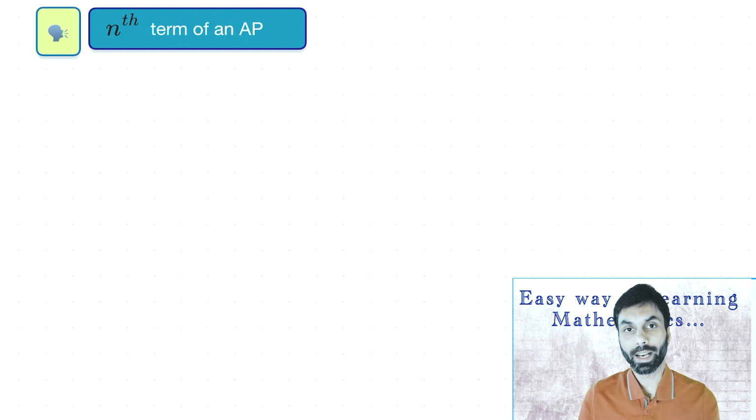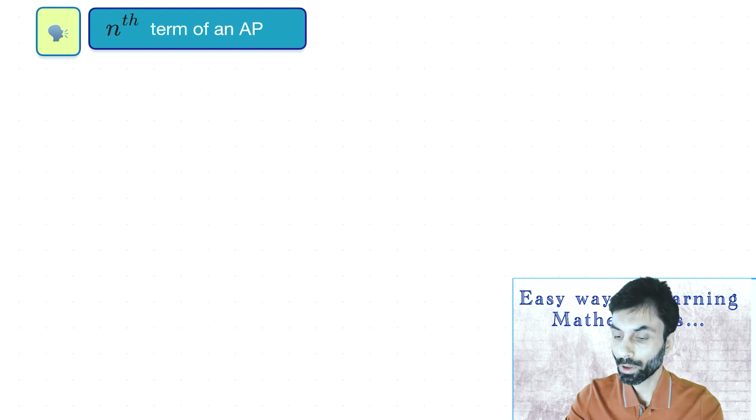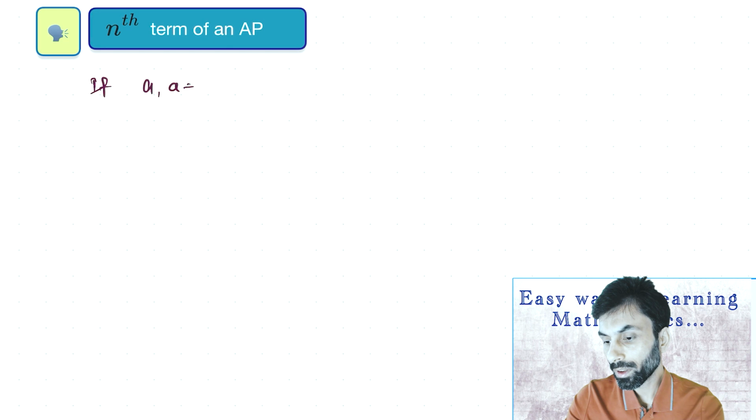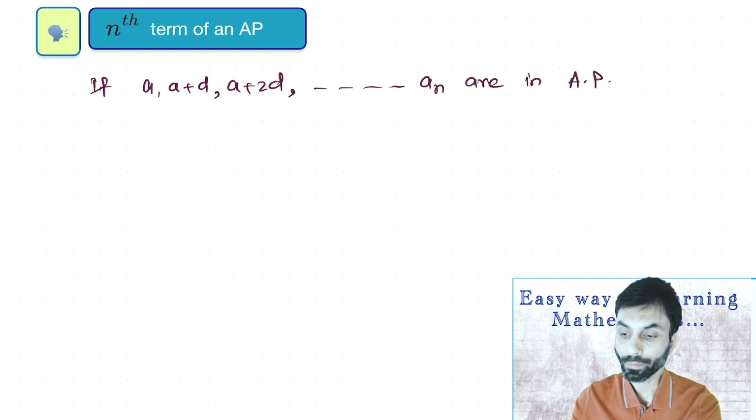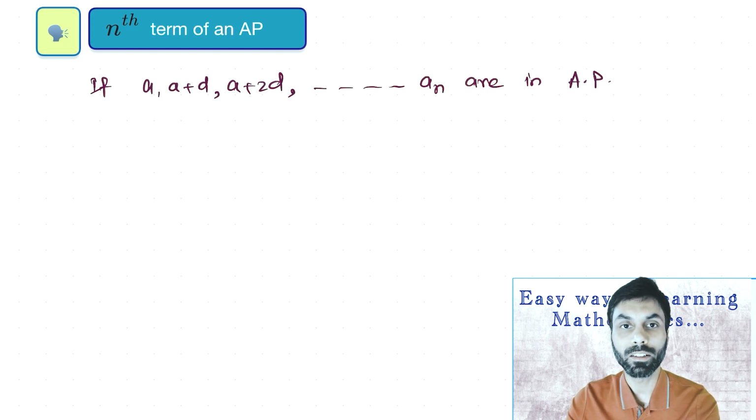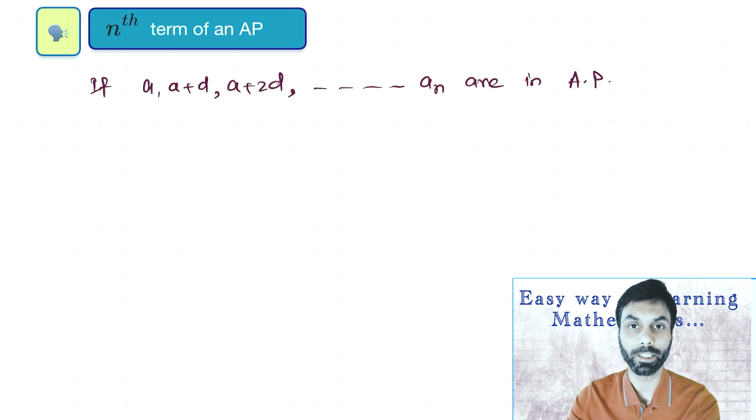Now let's talk about the nth term of an AP. So if a, a plus d, a plus 2d, and so on up to an are in AP, now we want to find what will be the nth term in terms of a and d.